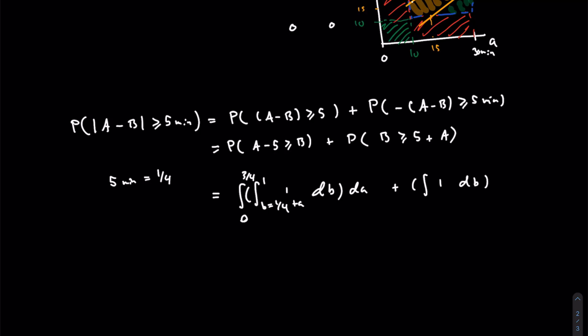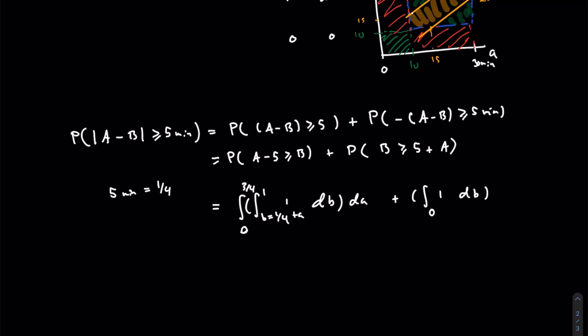Here we're moving from 0 up to the upper bound being this here, B equal to A minus 5.